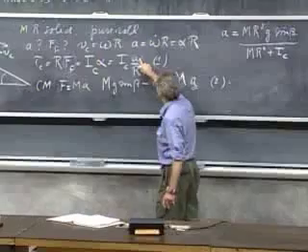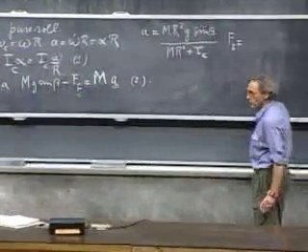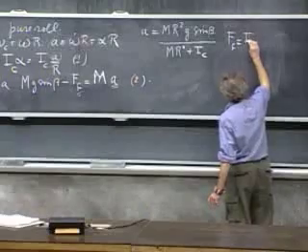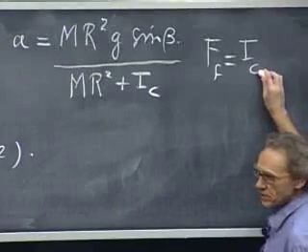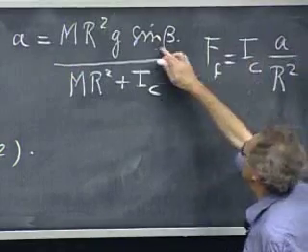I will leave A as it is because it becomes too complicated otherwise. So the frictional force becomes the moment of inertia about C times A divided by R squared. This A has to be substituted in here.